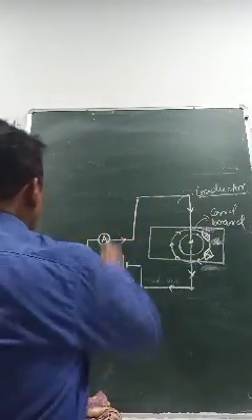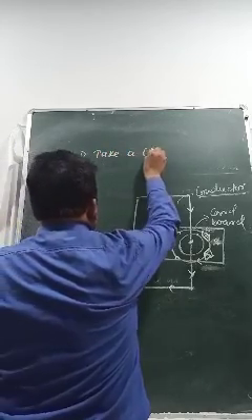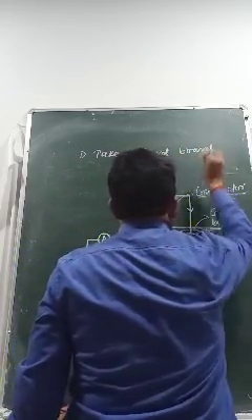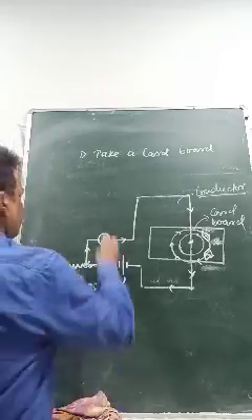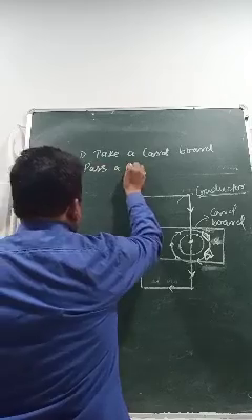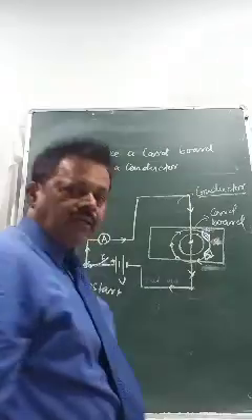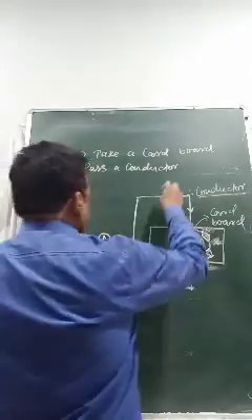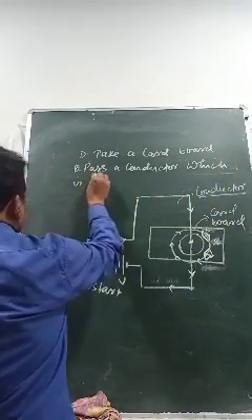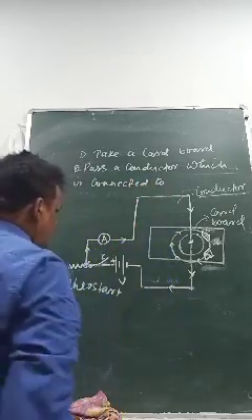Take a cardboard, pass a conductor through which the current can pass, which is connected to what?